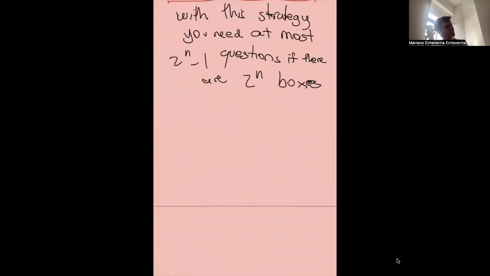So what you have to do is compute the expected values. Let's define a random variable X that goes from 1 to 2 to the n minus 1, which is the number of questions needed.